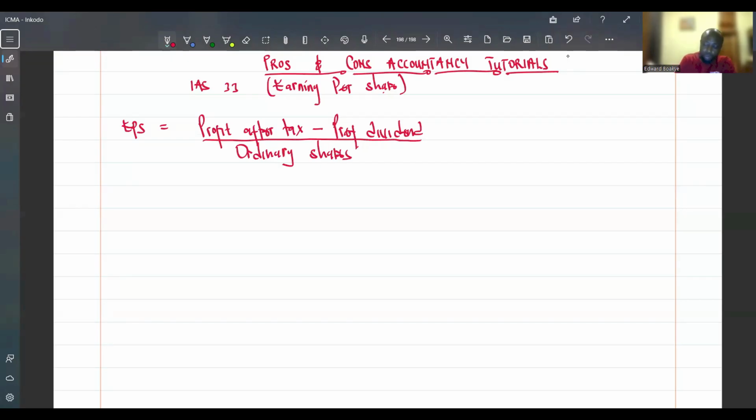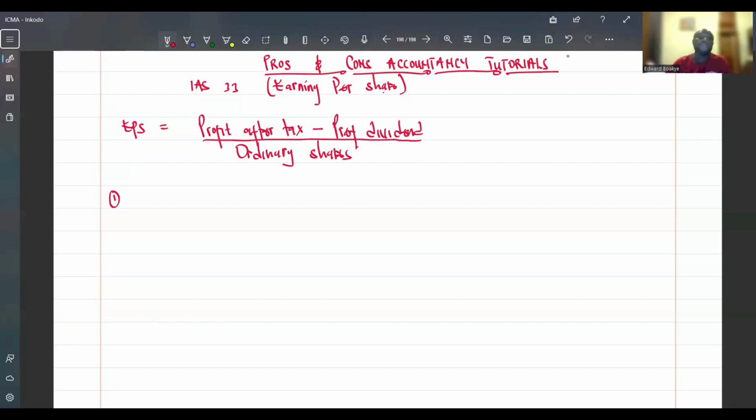Right. So one of these issues is where we have a full issue of shares. When you have a company and you have your shares, you may decide to issue some out again, right? You decide to issue some for cash.